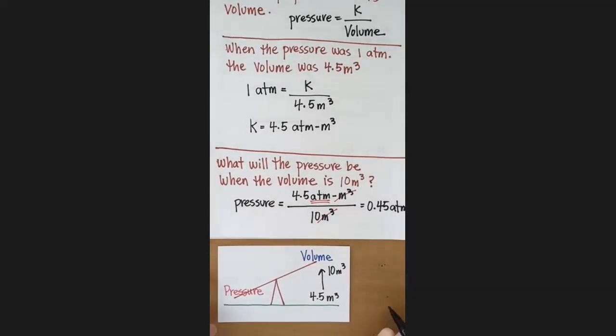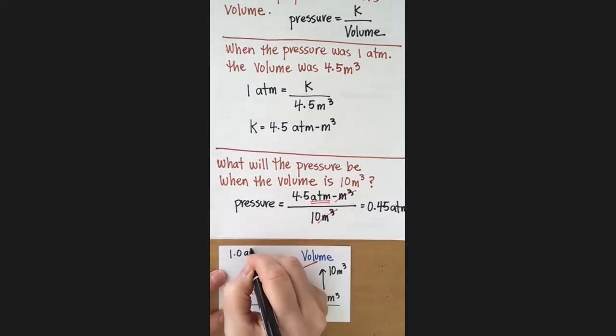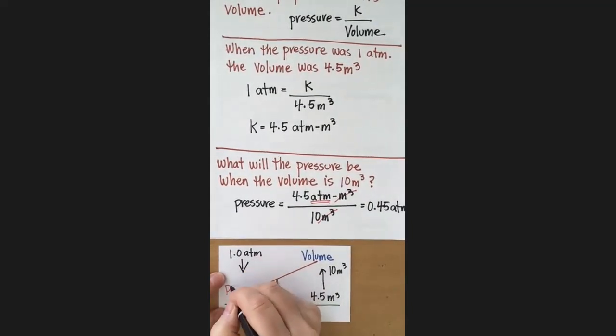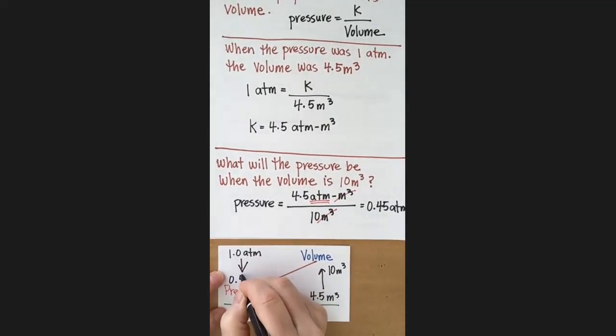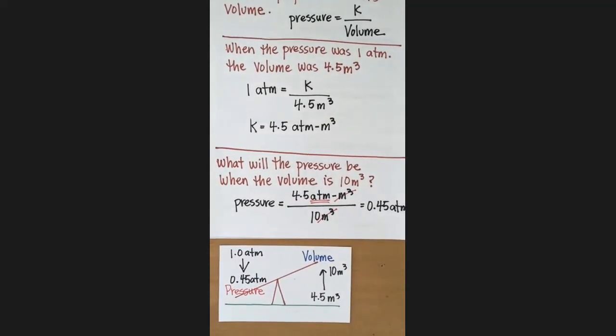And the pressure got lower. The pressure started out at 1.0 atmospheres. We didn't write it like that, but it started out there. And it went down to 0.45 atmospheres. So our answer makes sense.